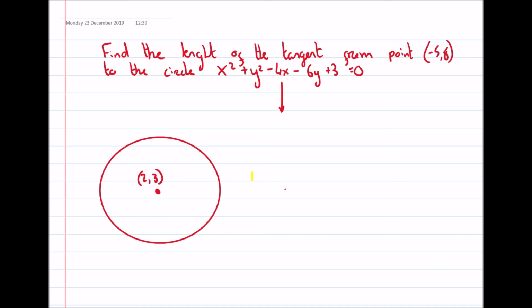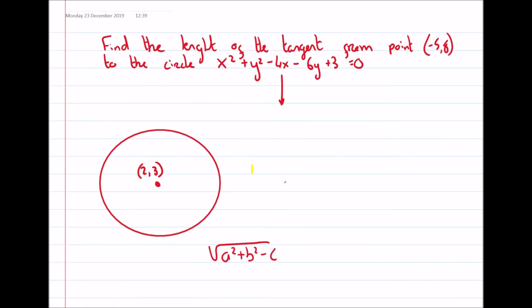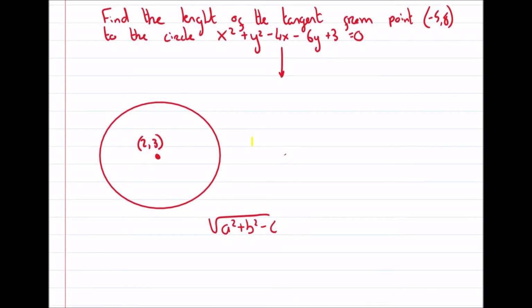So, there's our center, and the radius then will be the square root of f squared plus g squared minus c.